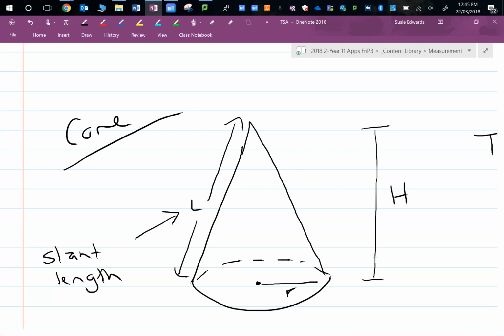So notice if I put that height in a different spot, if I draw it down here, notice that the height and the radius become a right angle triangle. And so your slant length can be the hypotenuse, which means you can use Pythagoras.